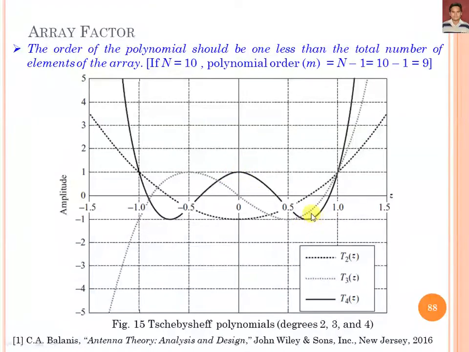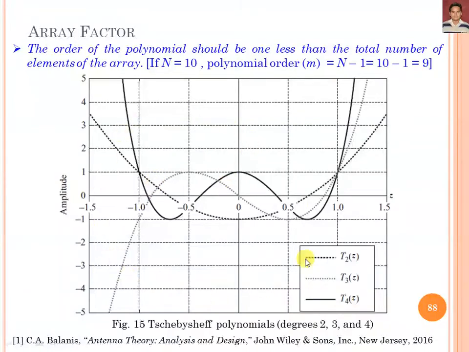This is the minima, which is -1. For T2z this is minima, and similarly for T3z this is maxima and this is minima. This is one sine function, and here 1.5 sine function, we can say. So you can see the values of all polynomials of any order 3, 4, 5 and so on pass through the point (1, 1). This is an important analysis.